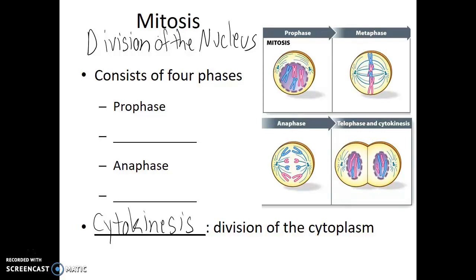So it's important to emphasize that cytokinesis is not one of the phases of mitosis. Now, mitosis is described as either having 4 phases or 5 phases, depending on which textbook you're looking at. But those phases are prophase, metaphase, anaphase, and telophase.